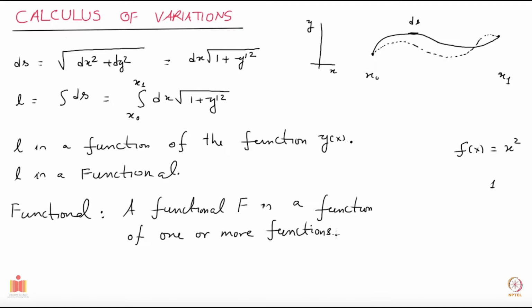It was because of the prototype example that we took. And it is standard to denote a functional, for example in this case L, as follows. You write L with a square bracket y. So L is a functional of, in this case, y, where y denotes any curve between these 2 points.